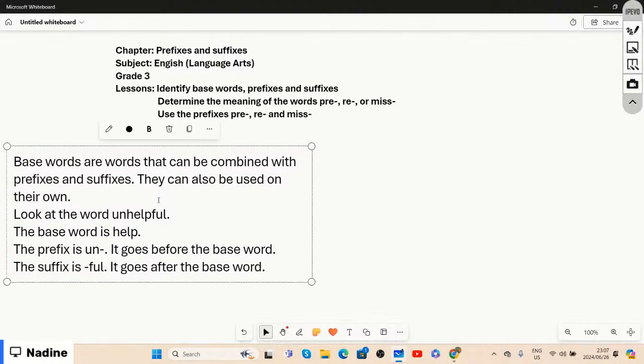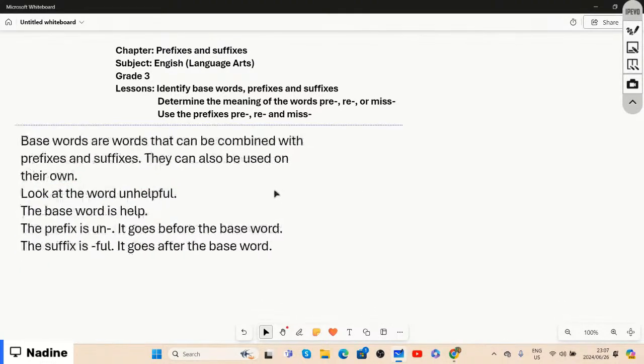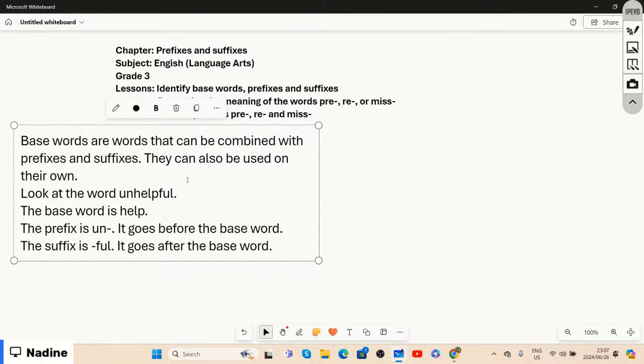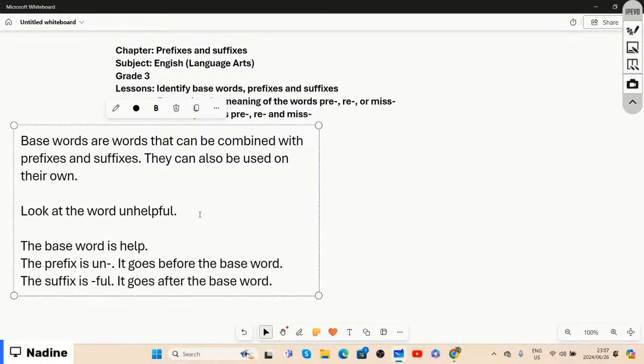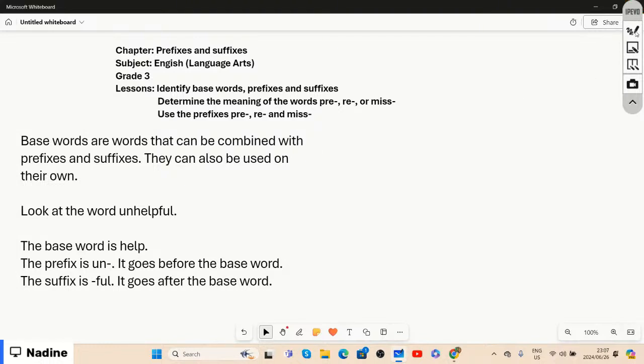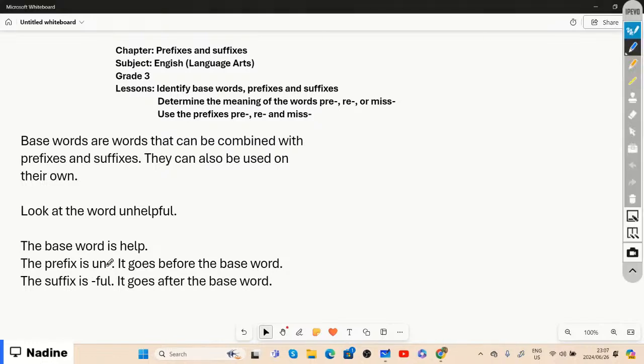If we look at an example, let's look at the word unhelpful. Remember we said that the base word is a word that can stand on its own.